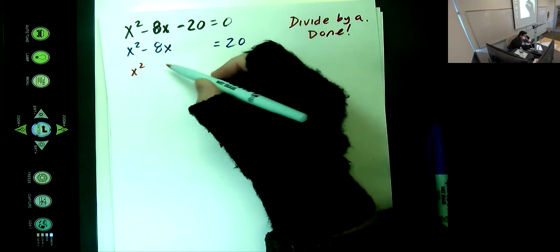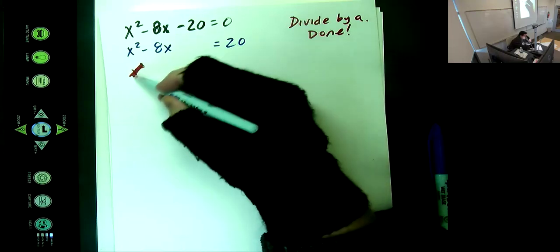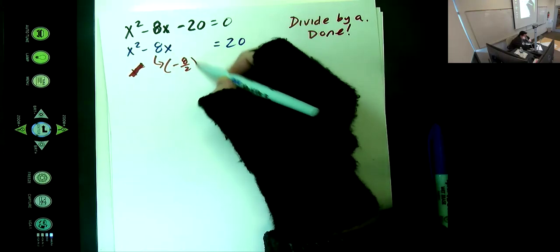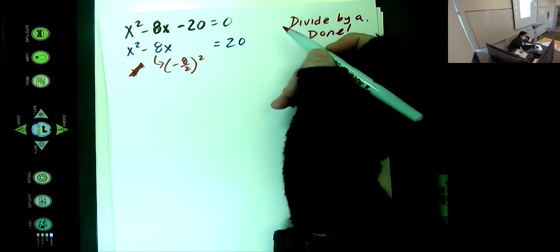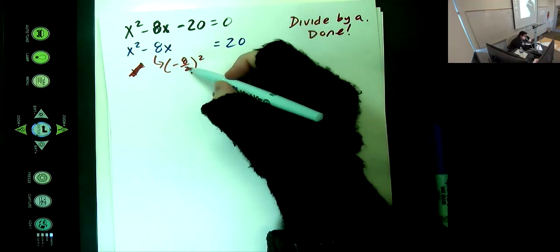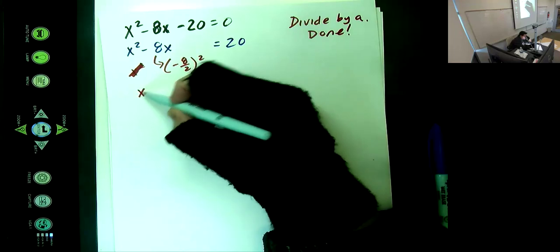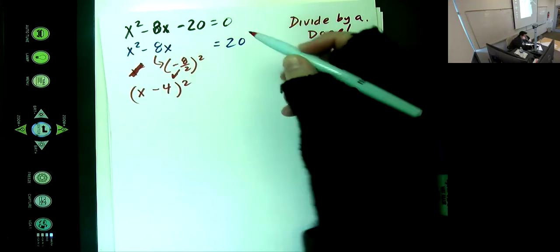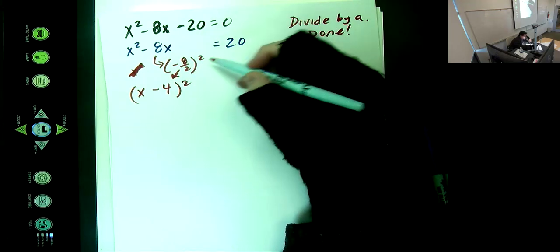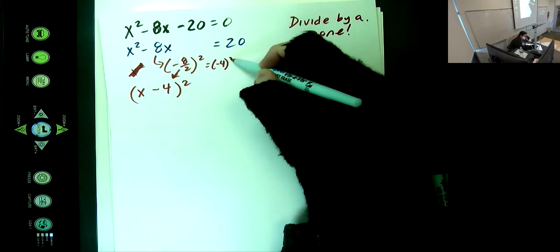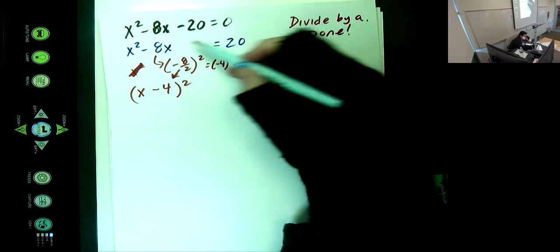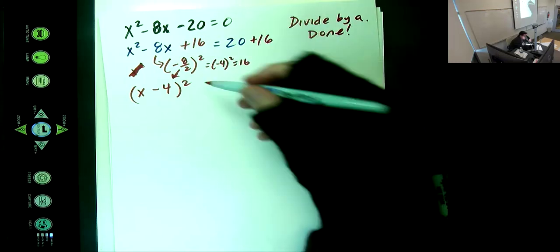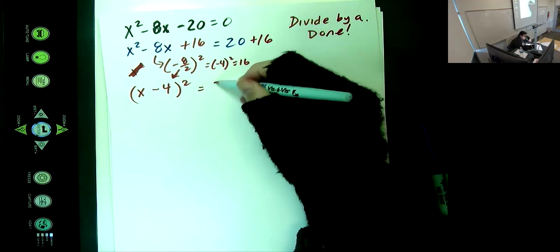So let's just take that, cut it in half. So we got -4. So I'm gonna just take this and right away drop this down here into the square. And so we've got -4 squared is 16. So that's what we'll add to both sides. And it makes the right side here 36, right?